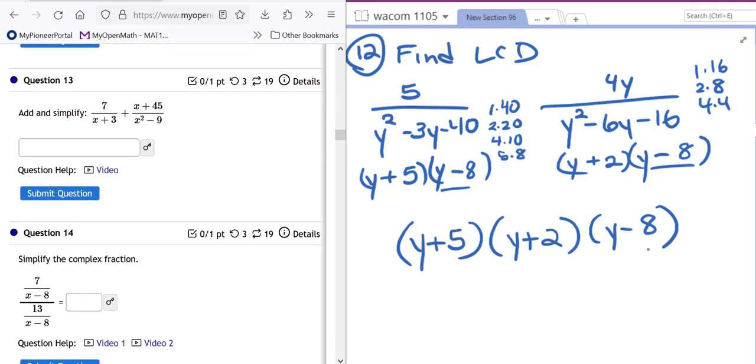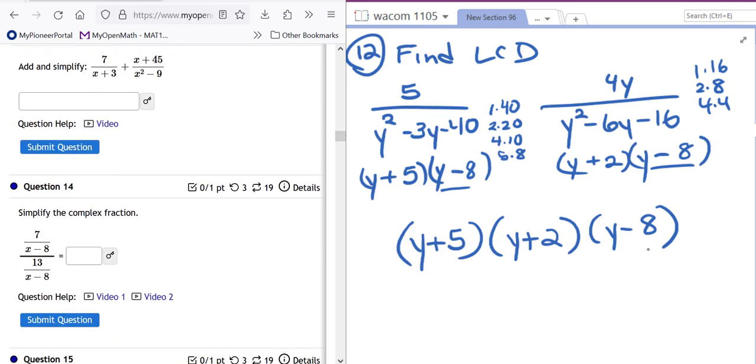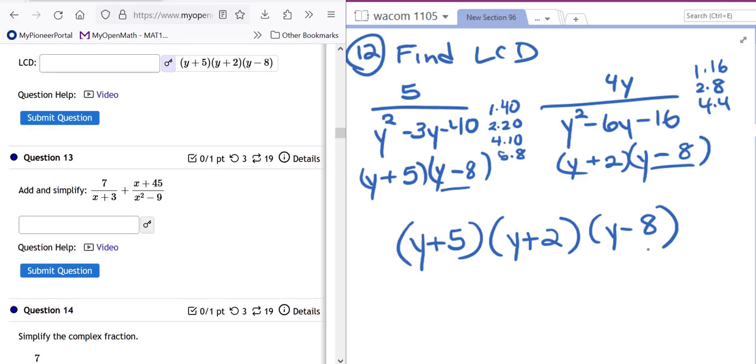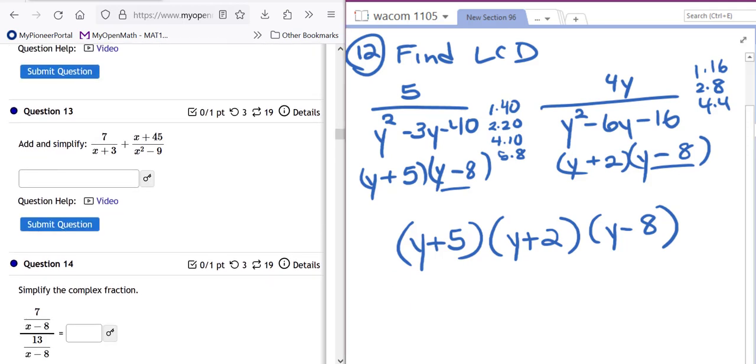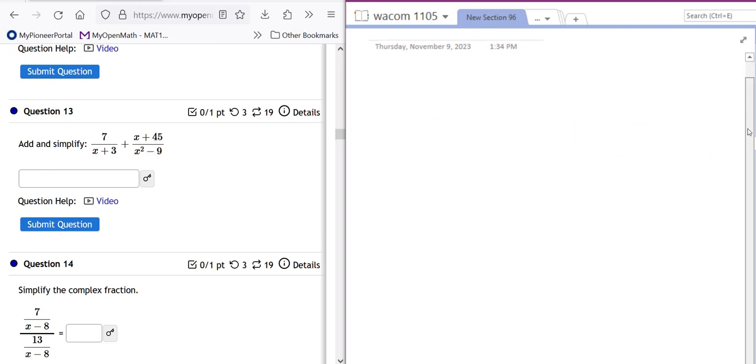All right, so we'll do one more of these. This one, you just have to factor the second denominator to figure out your common denominator. Fortunately, it's not mean factoring.